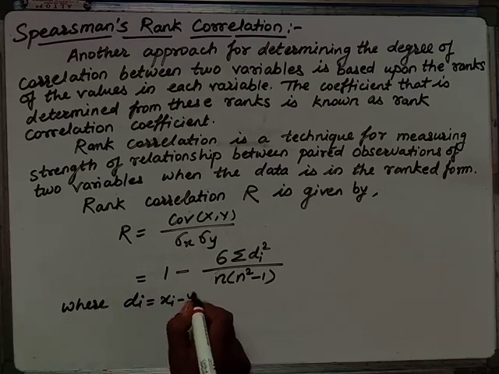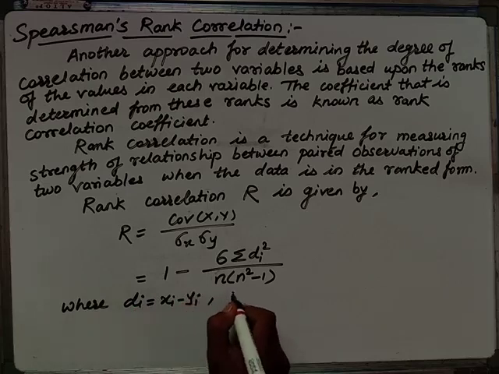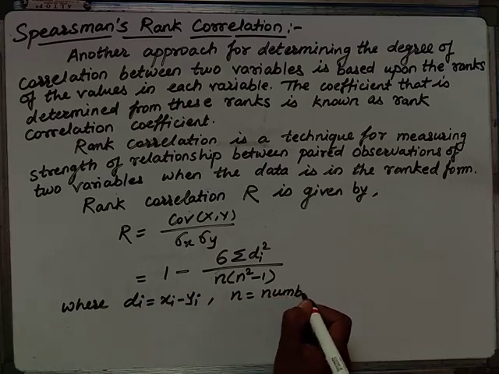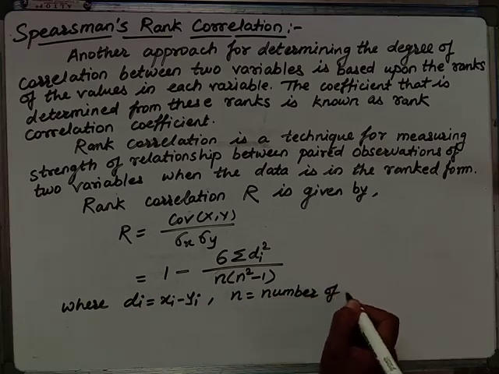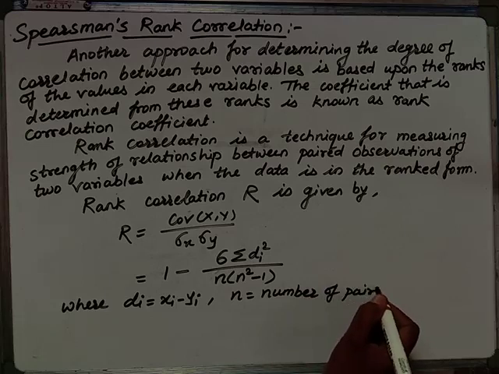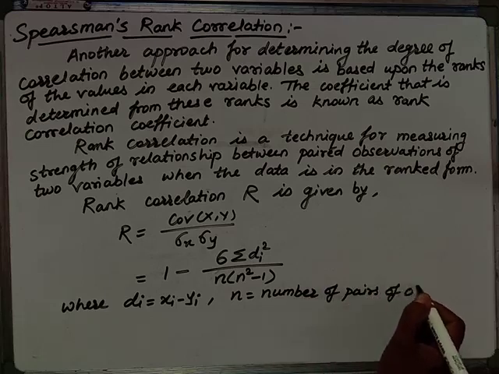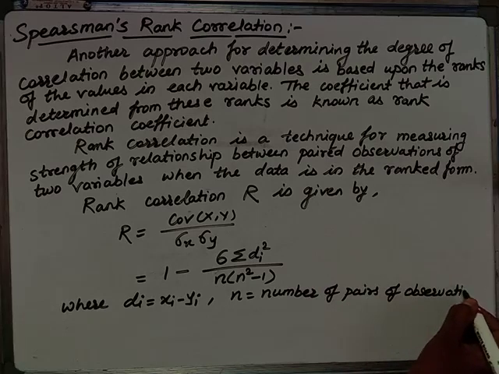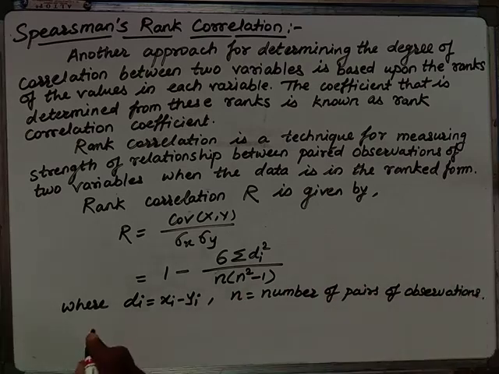Difference xi minus yi. N is number of pairs of observations.